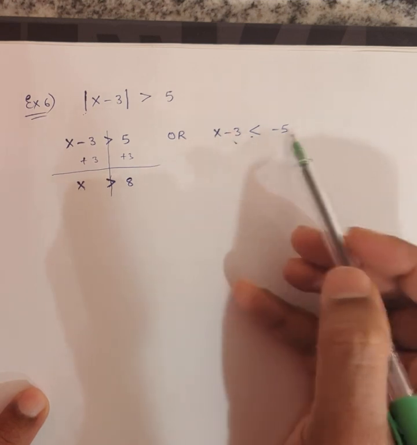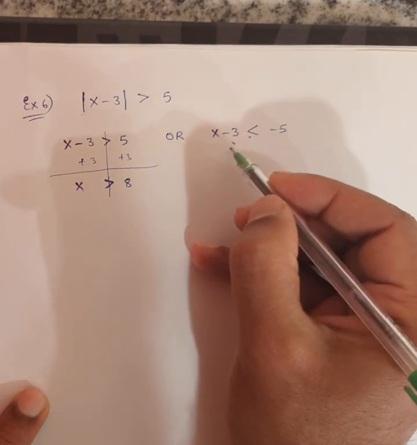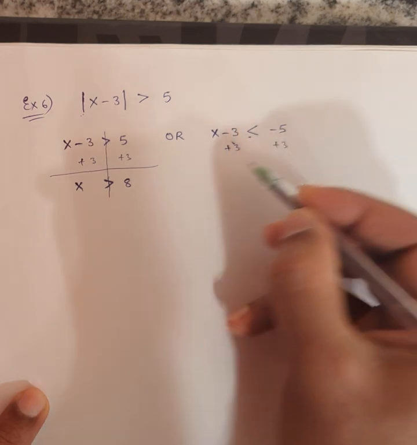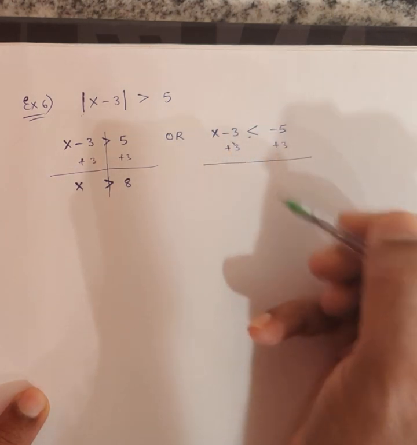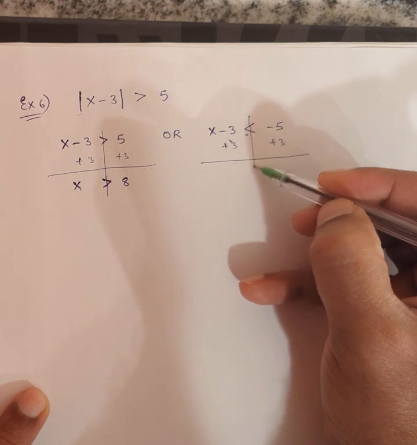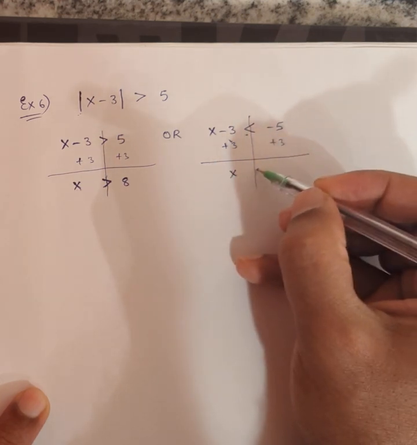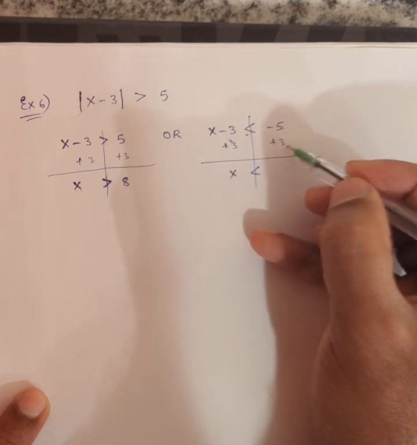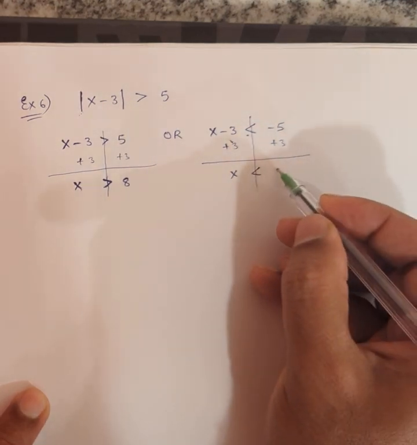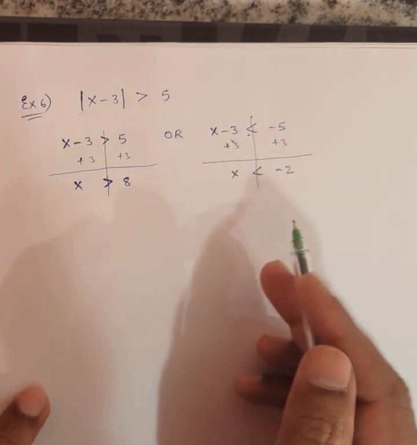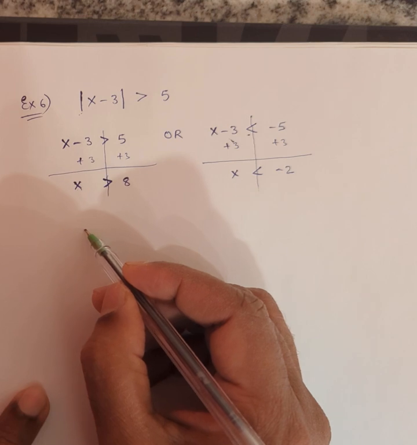Now I come to the second part. Here also I have x minus 3, which means I'll be adding 3 on both sides. And solve. It's going to be x less than negative 5 plus 3 is negative 2. So there are my different parts of the solution.